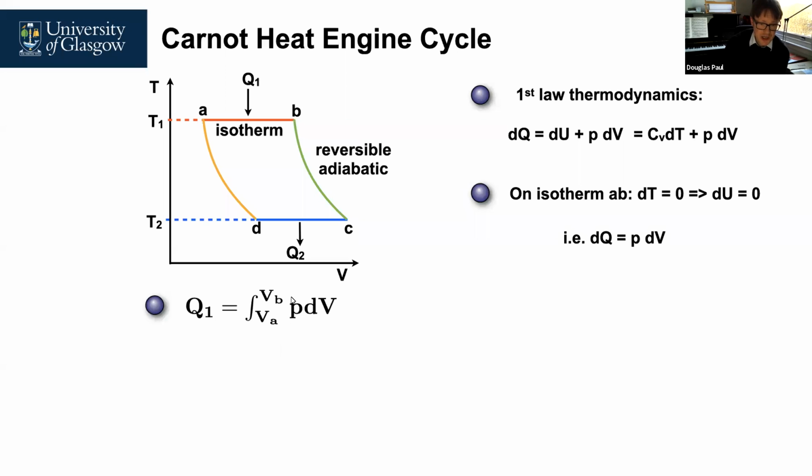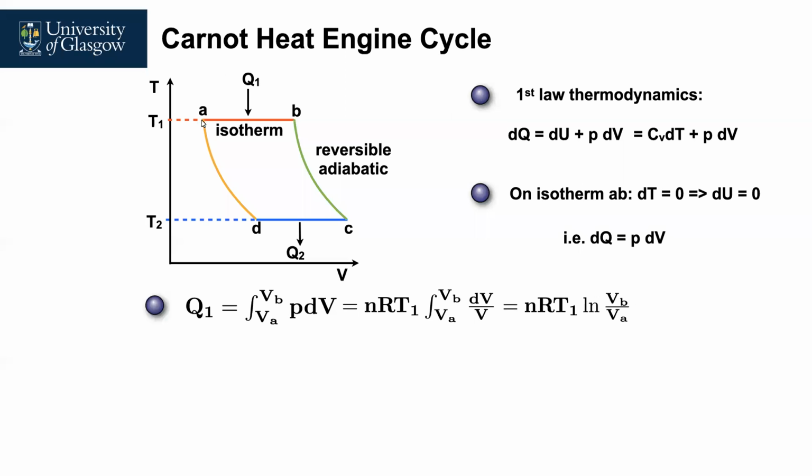So we can exchange pressure, and pressure is going to be nRT divided by the volume V. So we can rewrite this as nR, and in fact it's T1 that we've got because everything's at T1. Now dV over V, when we do the integral of this, is just the natural logarithm of the volume V. So we get log VB minus log VA, which can just be written as log VB over VA. So we get this equation that Q1 equals nRT1 times the log of VB over VA.